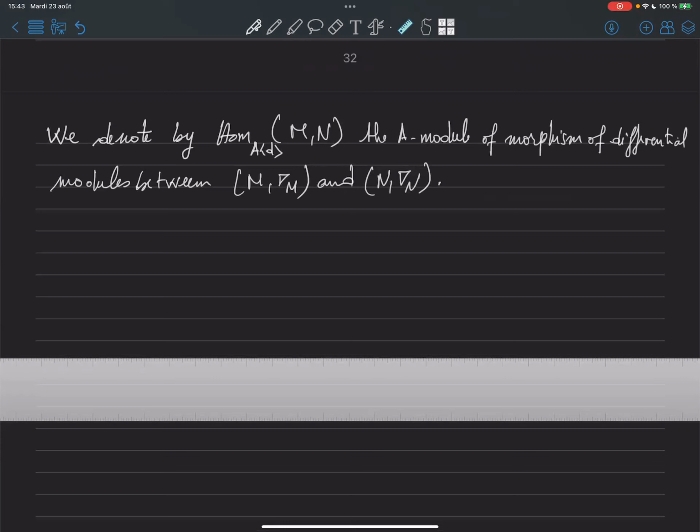Then, as I said before, we have some operations on differential modules.